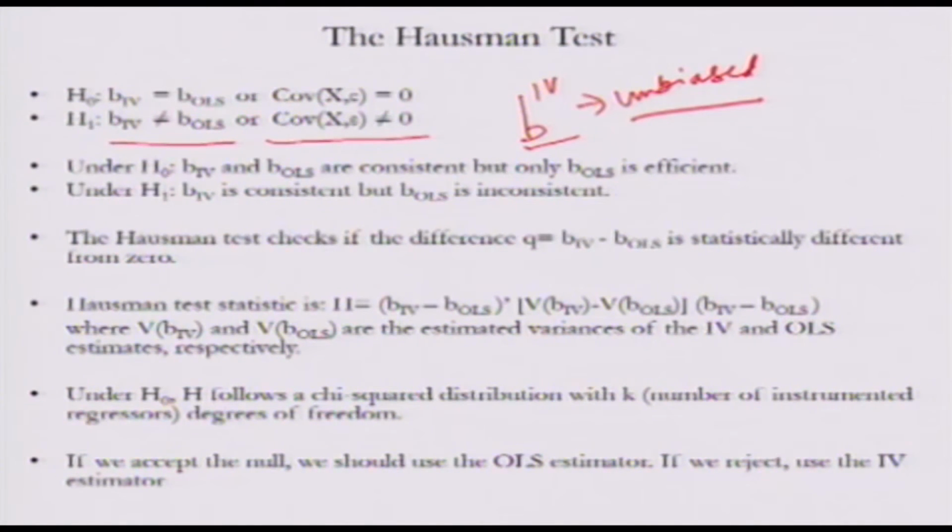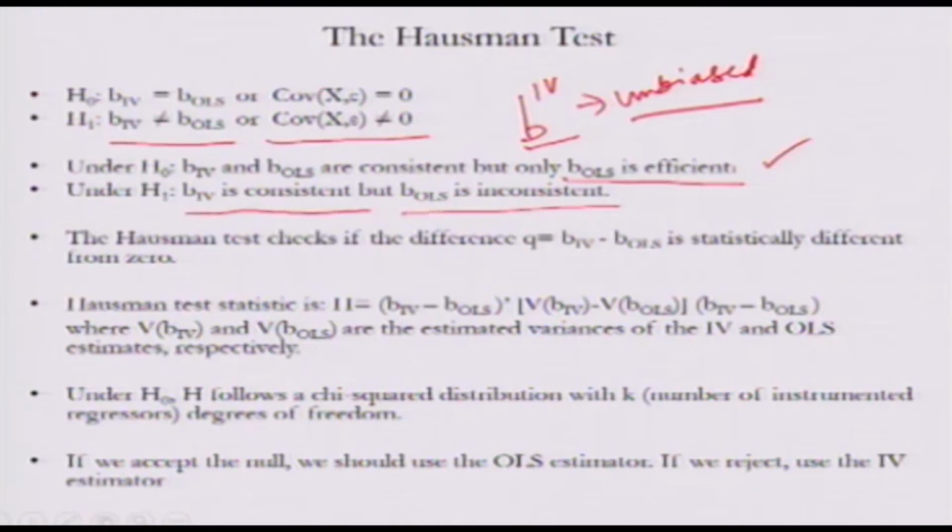Under the null hypothesis, B IV and B OLS are both consistent, but only OLS is efficient, and under the alternative hypothesis, B IV is consistent, but B OLS is inconsistent. In that case, of course we prefer B IV, the IV estimate. But if the null is the case, then we would prefer B OLS, because in spite of both being unbiased, B OLS is more efficient.